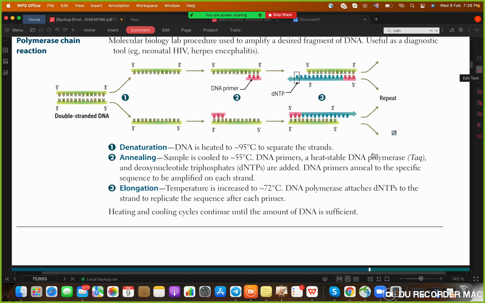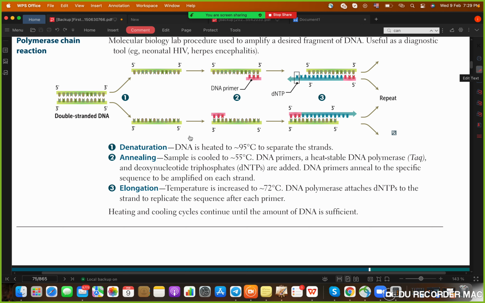So the DNA polymerase will be laying the blocks, and the blocks are the nucleotides. We will build a complementary strand, and after that we will start the elongation process. The elongation process will occur at both of the strands. And notice, you have double the amount of DNA as the first time, right?